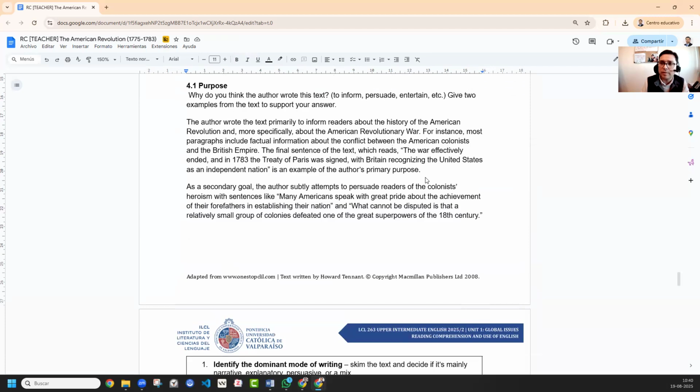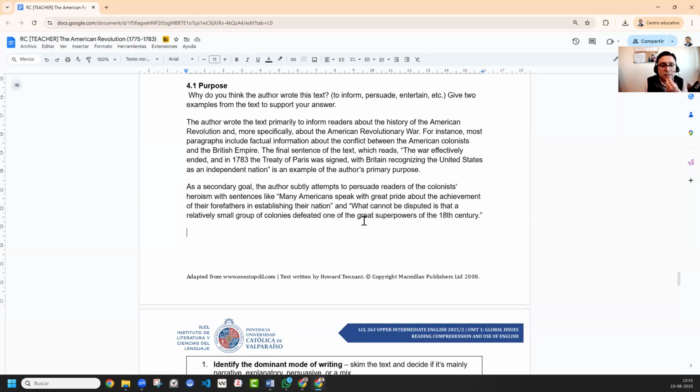This is a tip: always double check whether you're answering the question in full or not. There may be something missing. So let's go back to the question. Why do you think the author wrote this text? To inform, persuade, entertain, etc.? Okay, so we already answered that. Give two examples from the text to support your answer. Okay, and we gave more than two examples.